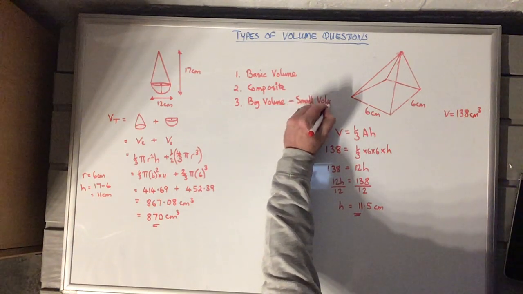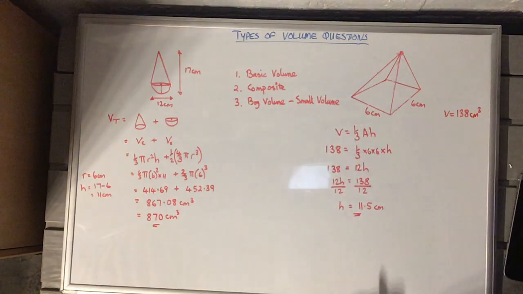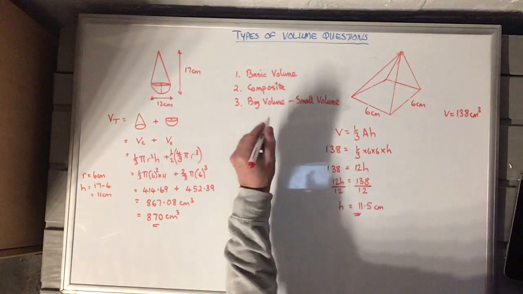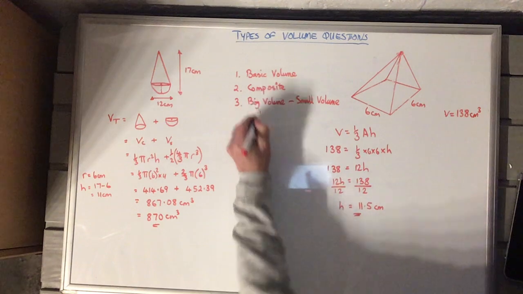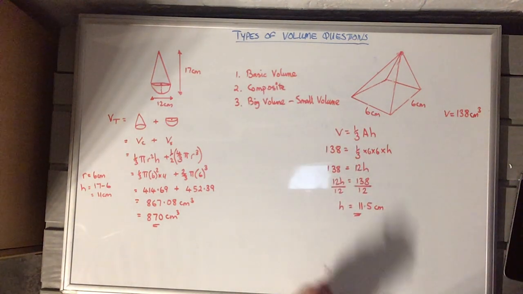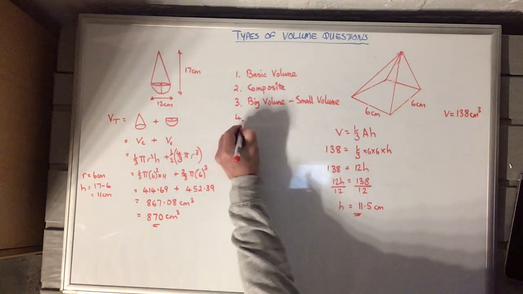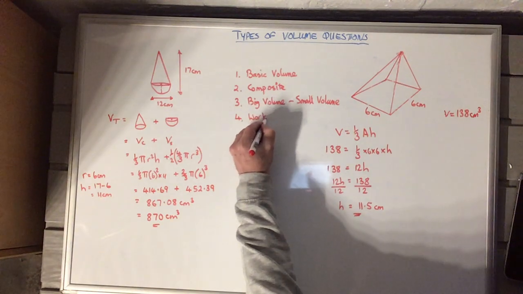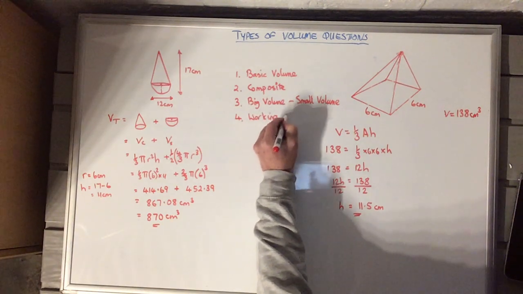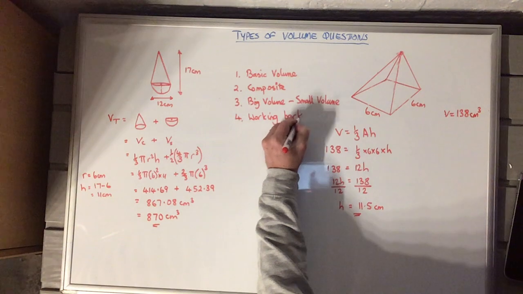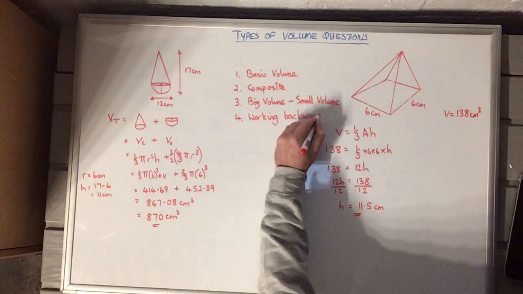Again, a very popular. I would bank on that coming up and make sure you can do all these, because the questions are actually very easy once you get into them. And the last one, working backwards. Again, very popular as well.